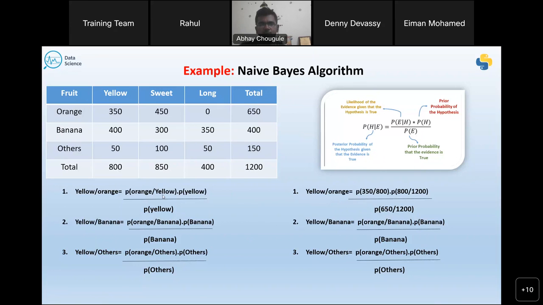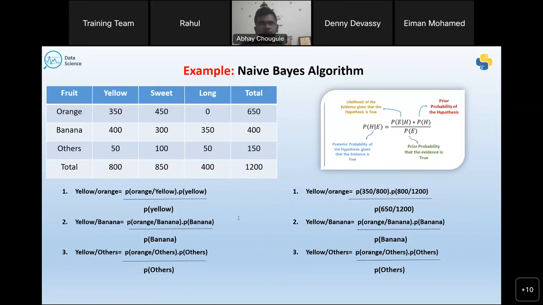Orange divided by yellow, then into the probability of yellow. Where is it? This one. So that is 800 divided by the total, this 1200. Divided by this total, which is not the sum of 350 and 450. It means that total, yes, correct.